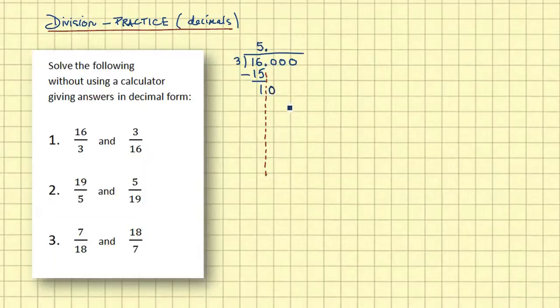So 10 divided by 3 gives us 3 in the 10th column, in other words 3 tenths, and we multiply out and write the answer underneath to get 9. In fact 9 tenths. Okay?